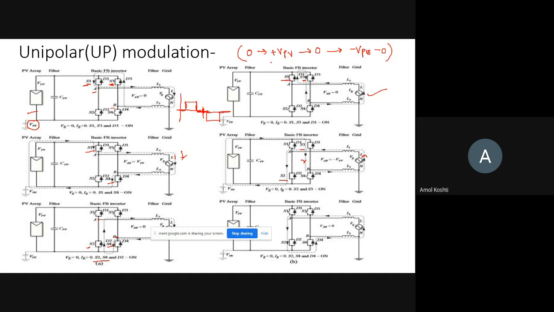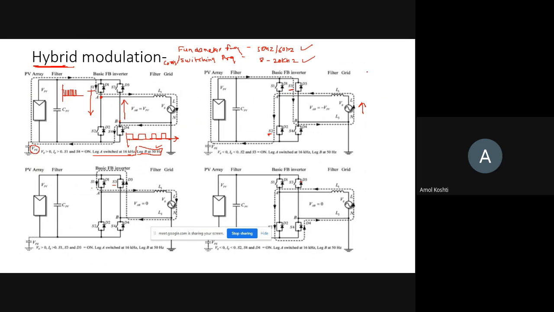In this way the output is produced. Then in hybrid, first is plus VPV, then it is 0, then minus VPV, and then again 0.